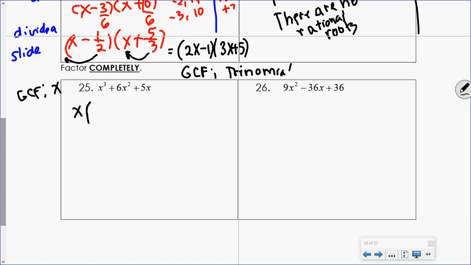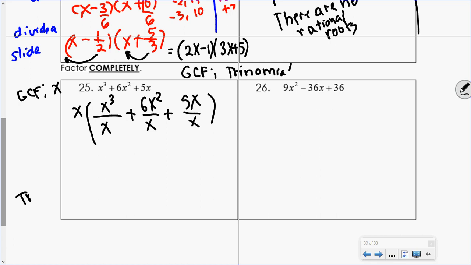So I'm going to factor this out. So x times the quantity of x cubed over x plus 6x squared over x plus 5x over x. Remember, we're going to factor this first, and then do factoring of a trinomial inside.